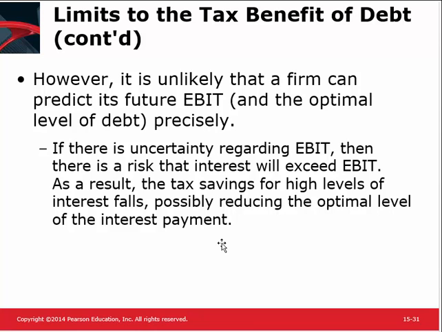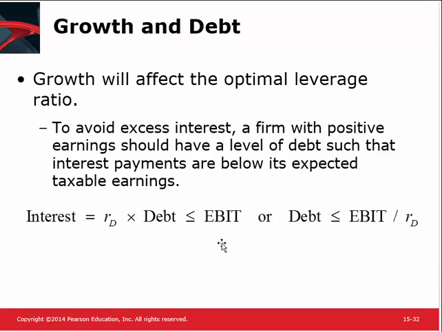So they may not want to get that close to EBIT, but they do want to borrow to get approaching EBIT. So the tax savings falls once the risk of having negative profitability starts to become a little bit more apparent. So we do have to worry a little bit about using the word optimal, because the optimal amount of debt is very risky and very difficult to talk about.